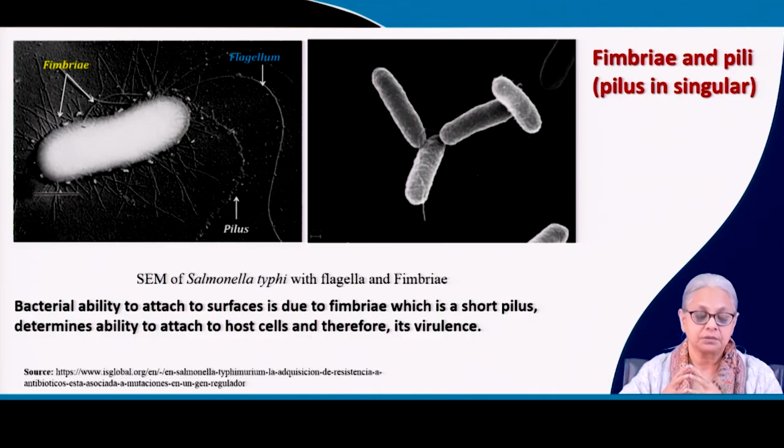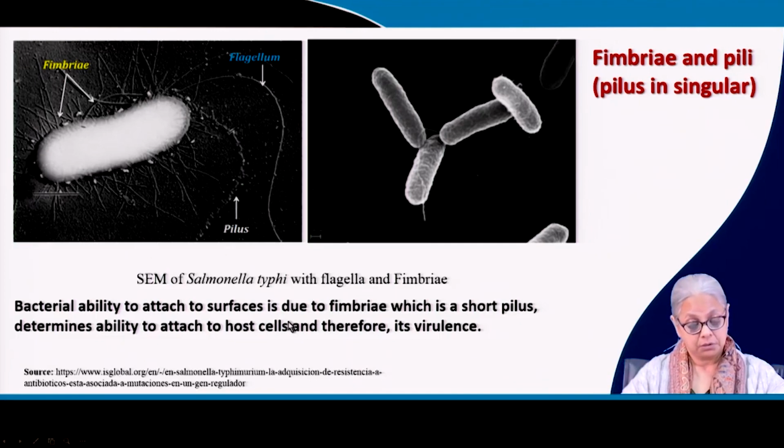And the pilus, you can see it over here, is a very different type of organelle. It does not resemble either the fimbriae or the flagella, and it has a very different nature which is used for attaching itself to bacteria of the same species or even across species.